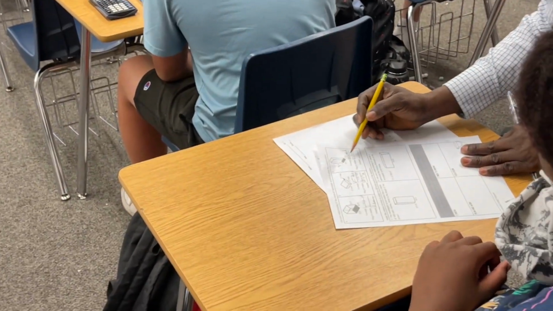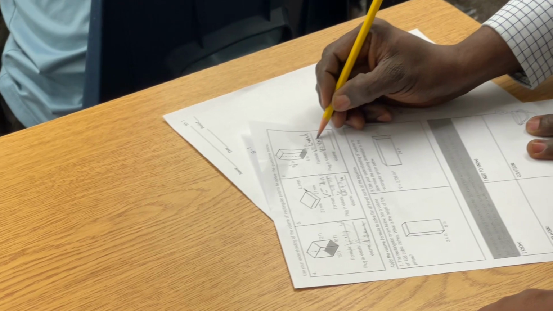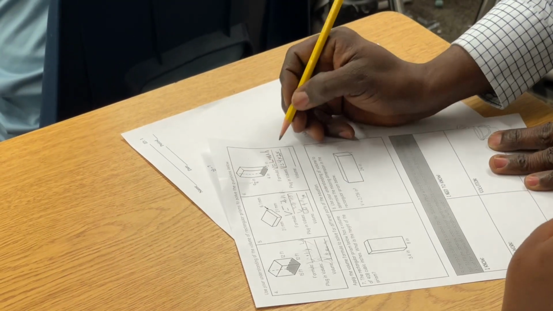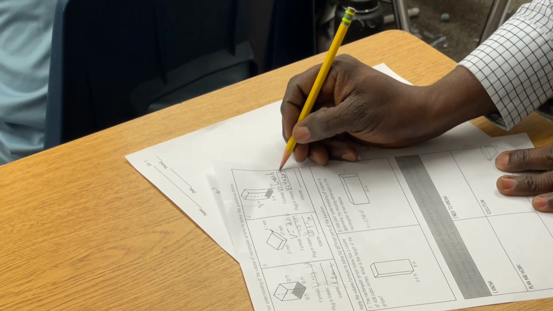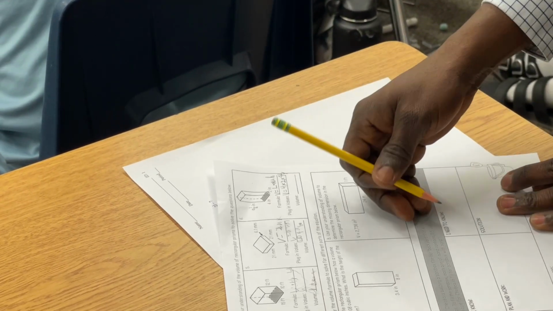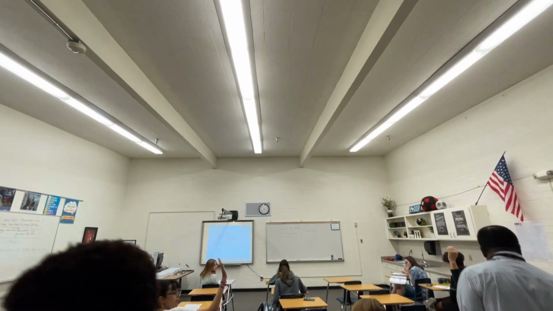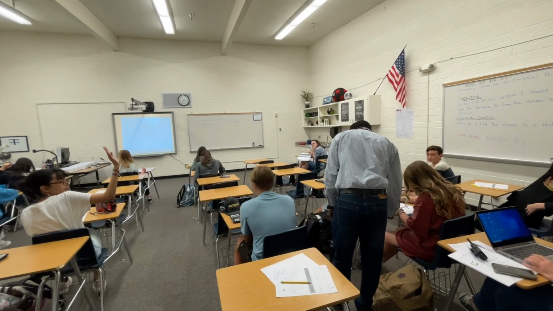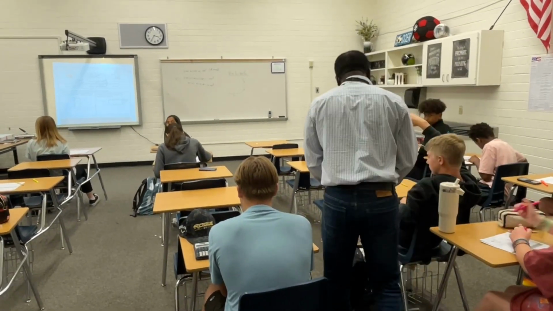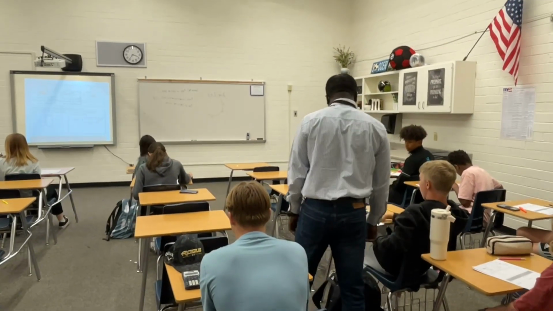Where is the width? 2. Where is the height? 9.25. Let's look at the answer here. Okay, so get your calculator. Very good. Good job.